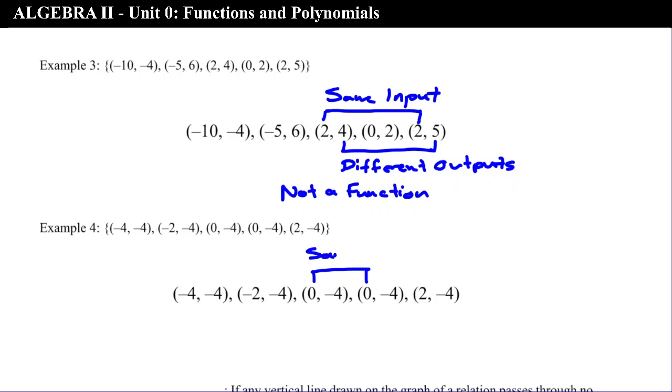It could be 3, 4, even 5, even more than that. But for simplicity, in this example we have 2. Now let's look at the y values that go along with the same x values. Both of these are -4. So we have the same output. Since we have the same output, we have a function, because we're essentially just repeating the same point twice.